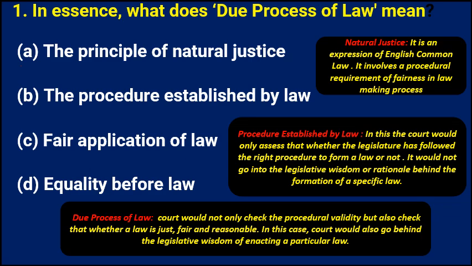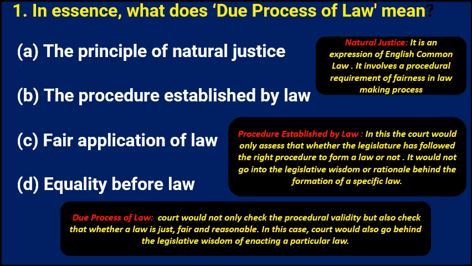There are two famous cases in India related to procedure established by law. In 1951, Sankari Prasad case, Supreme Court used procedure established by law to interpret Article 21. This is very narrow interpretation of Article 21.